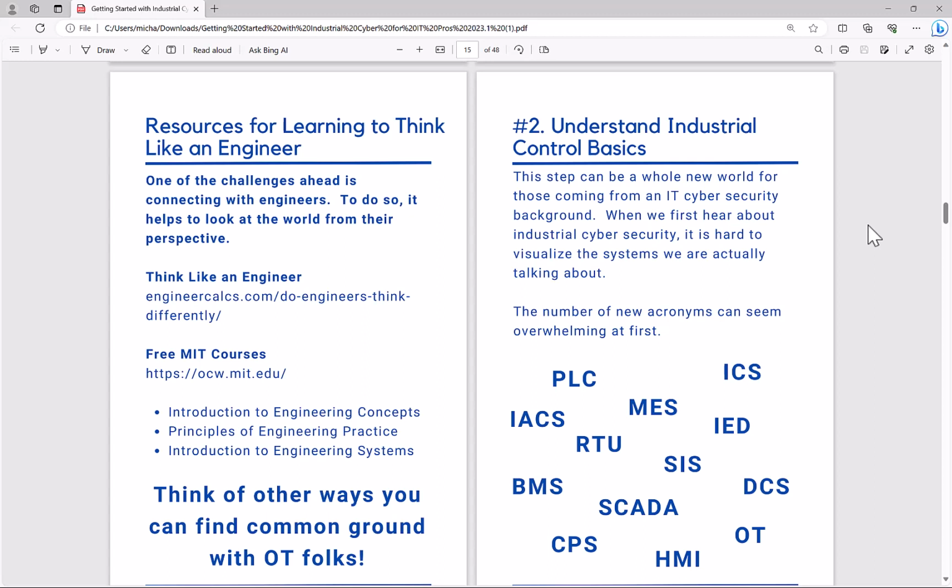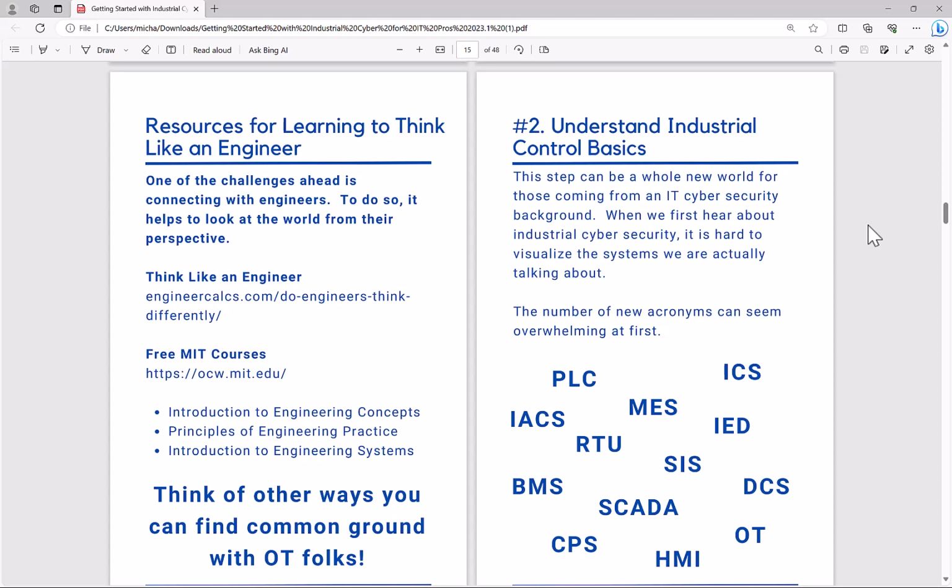So number two, this is something we touched on a little bit earlier. There's a lot of acronyms in control systems, again, just like any field, but there's something, at least for myself, and I tend to get a sense for a lot of people coming from IT cybersecurity, that it's almost like this whole new world. It's not just a computer or the internet, which is everywhere. We're talking about getting into a power plant, or, like I said, a manufacturing facility or a chemical refinery.